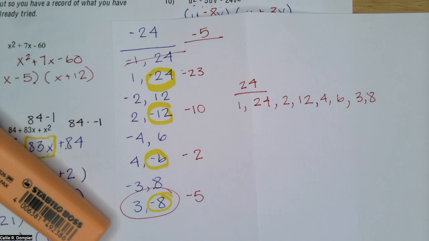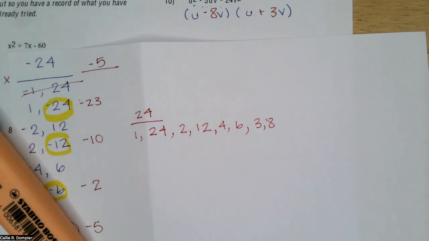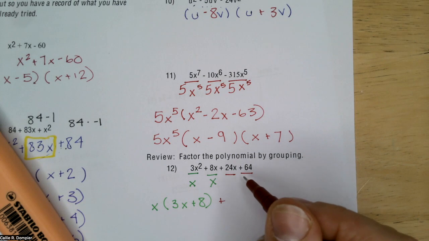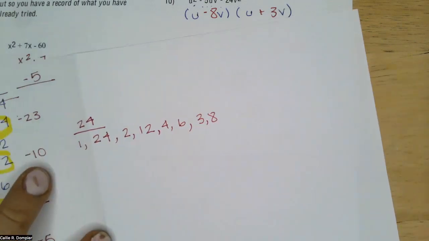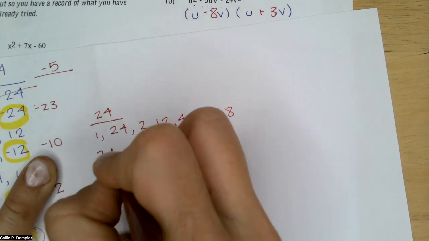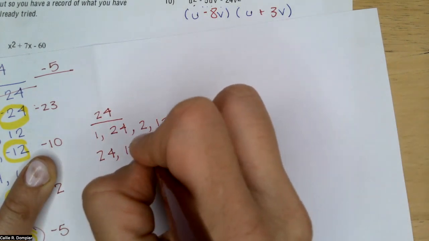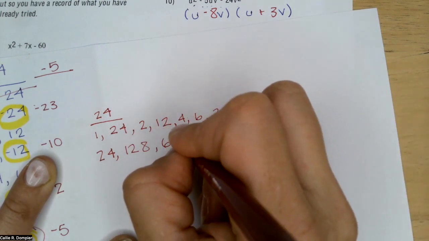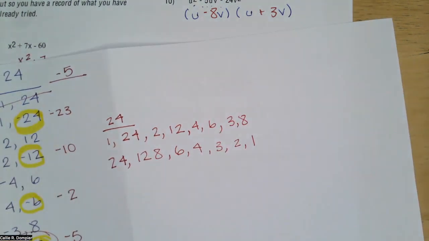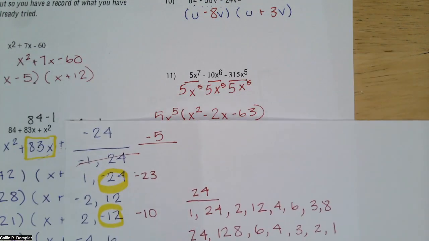Put those in descending order because you want to start with the biggest number you can find that is common to both 24 and 64, okay? So we've got the numbers 24, 12, 8, 6, 4, 3, 2, and 1. 64, can I divide it by 24?